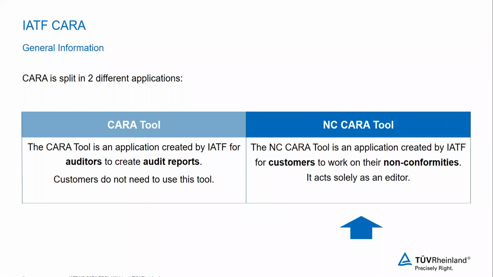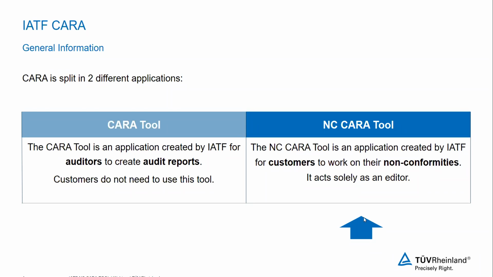The CARA tool is actually split in two different applications. For one, we have the CARA tool. This is the application created by IATF for auditors in order to create audit reports. This tool doesn't need to be used by customers, so this is actually not for you to use. Then the second part is the NC CARA tool.